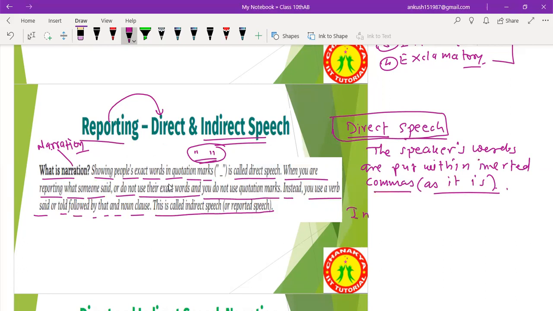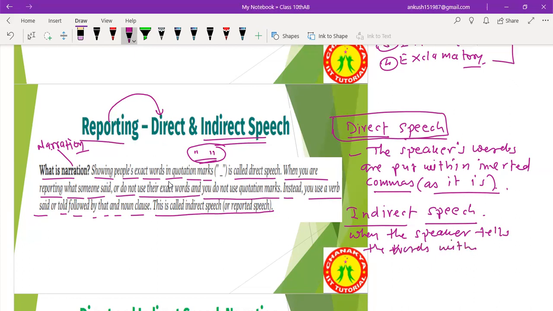Whenever we do not put such words in inverted commas, and we say those words which are written within the inverted commas in our own words, that is called indirect speech.